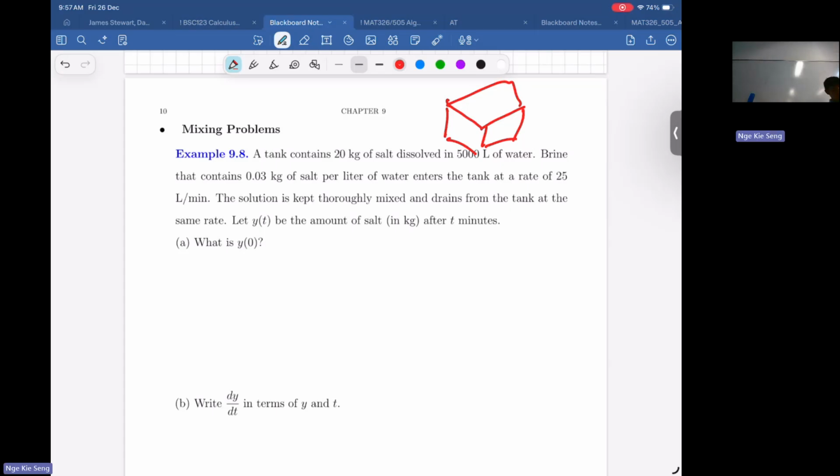So it's the same rate. You come in with 25 liters per minute, and you go out also with 25 liters per minute. Although the rate is the same, if you look at the amount of salt, it should be different, right?